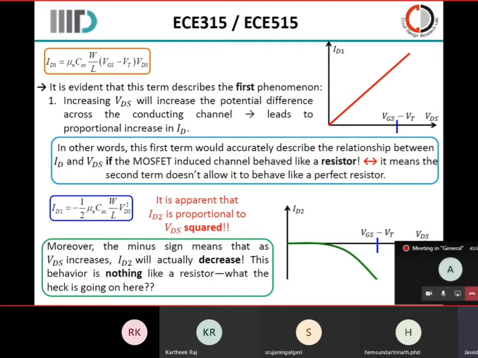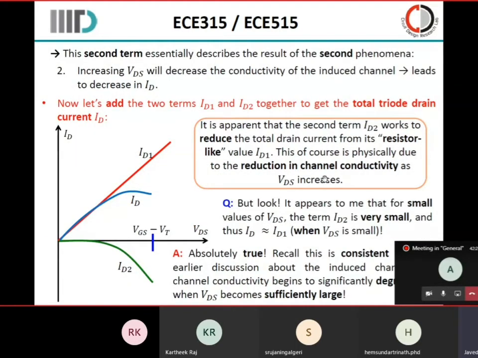So now if you carefully in your mind overlay these two graphs, the red graph and the green graph, you will see that at a certain point it will start saturating or dipping, and that is where your pinch-off activity will begin, right? Slow saturation will start happening, or the current will start taking up a slope like the green curve. You will see how that works here. So this is the blue graph I am referring to.